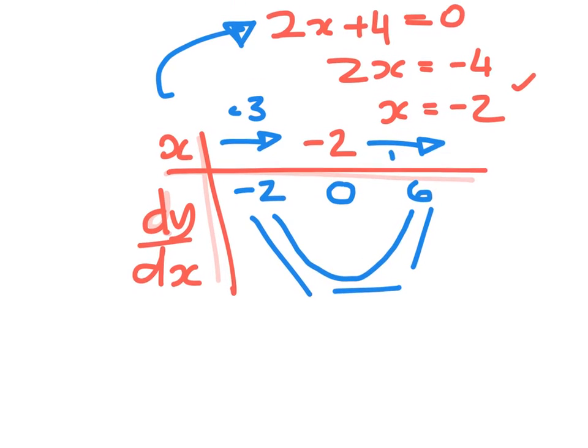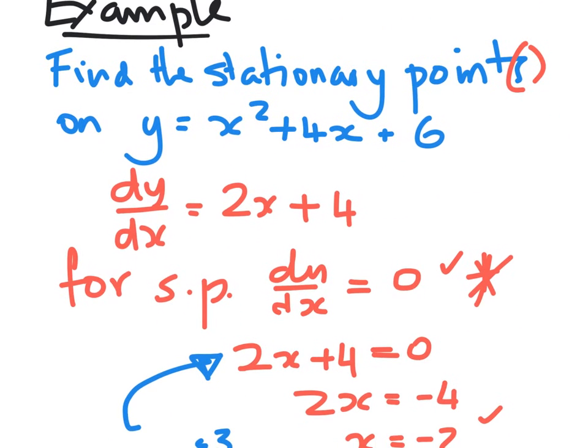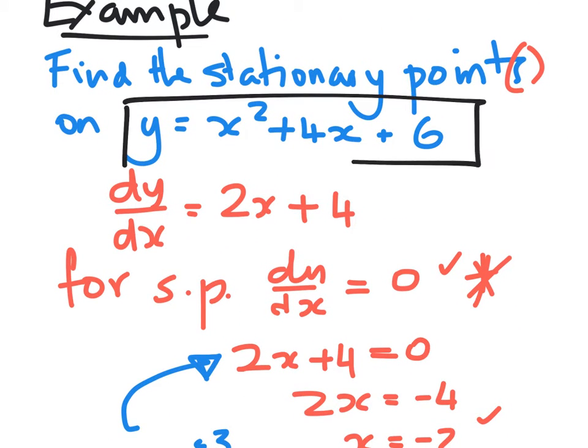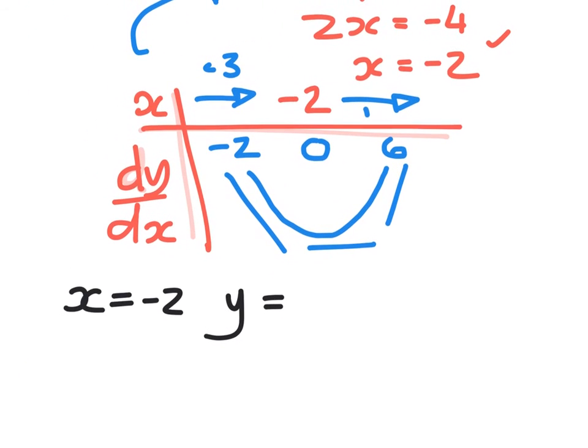Last thing we need to do is work out the y coordinate. If we know that x is -2, then for the y coordinate you go back up to your formula from the start, y equals x squared plus 4x plus 6.